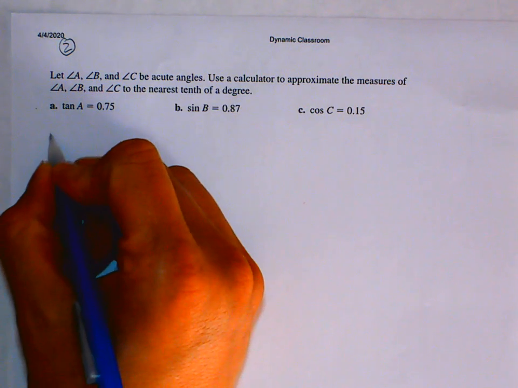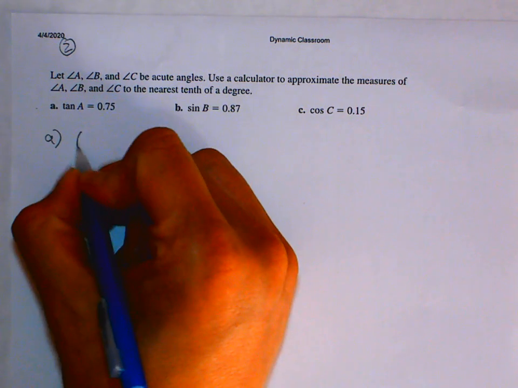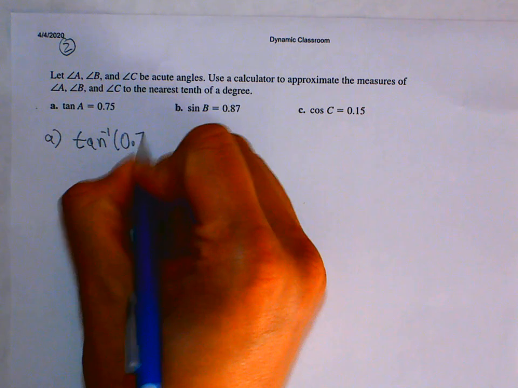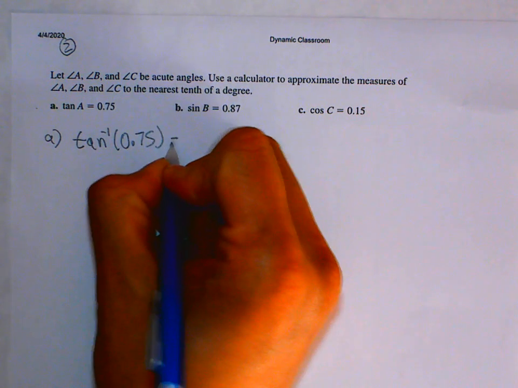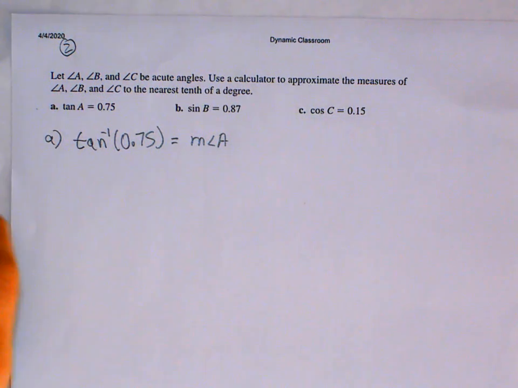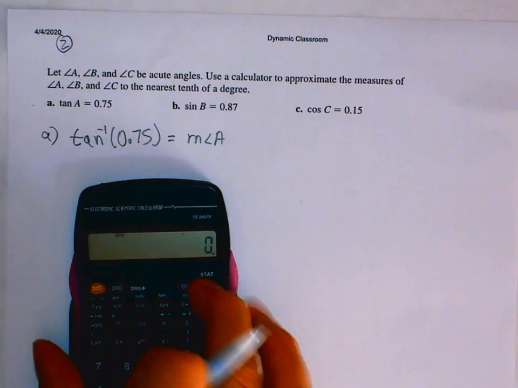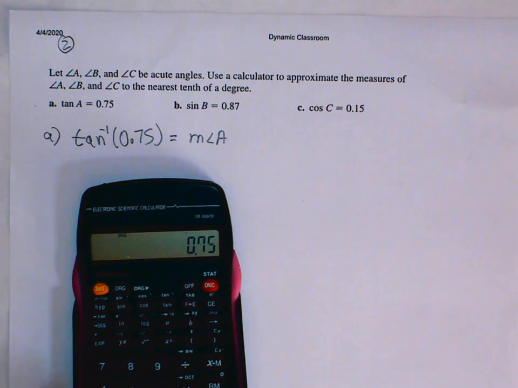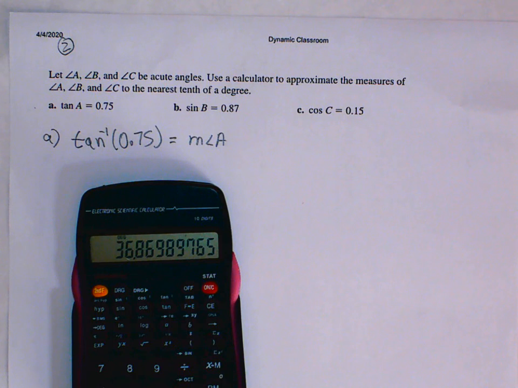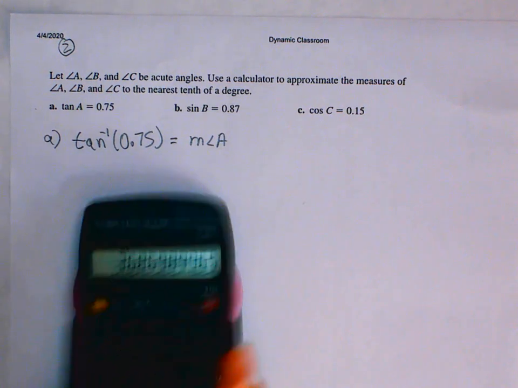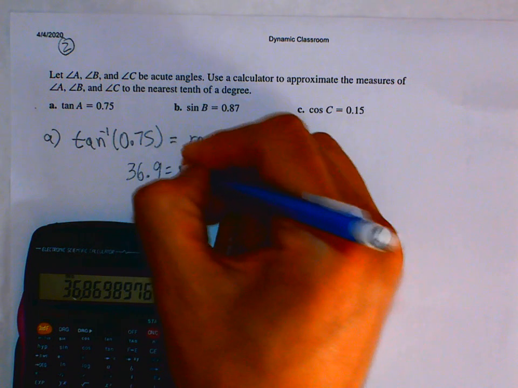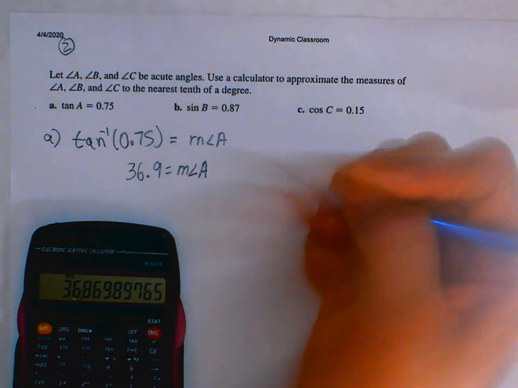Okay, so for A, you have the tangent inverse of 0.75 equal to the measure of angle A. So let's just plug it into the calculator, guys. I'm going to put 0.75. Second, tangent inverse, nearest tenth of a degree is 36.9. So 36.9 is equal to the measure of angle A.